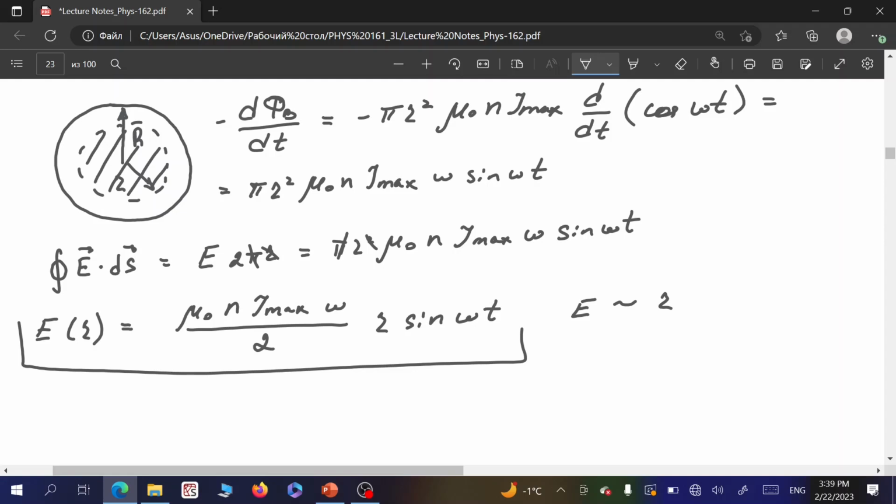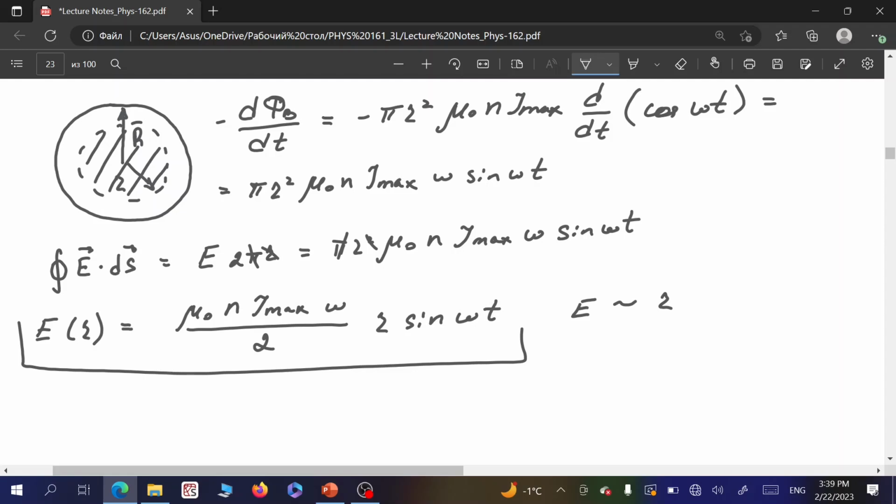And depending on the resistance of this wire loop, it will result in a certain induced current within this loop. However, from the most general point of view, we don't need anything, just free space and a time-dependent magnetic field that results in an induced electric field.